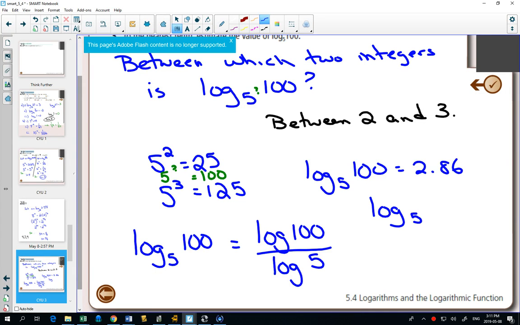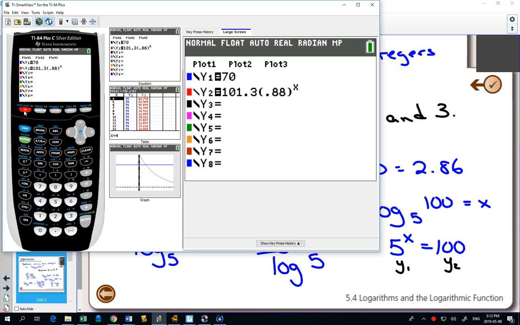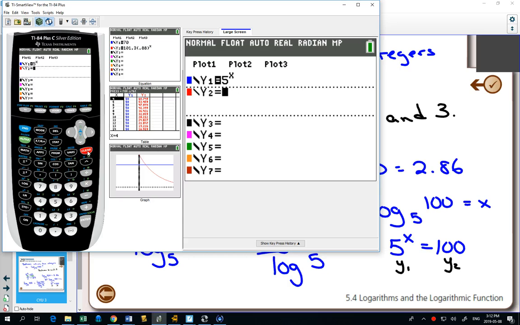The other option you have is you could say log base 5 of 100 equals x. That would mean 5 to the x has to equal 100. And I could type this into y1 and this into y2 with my graphing calculator. Five to the x there, 100 there.